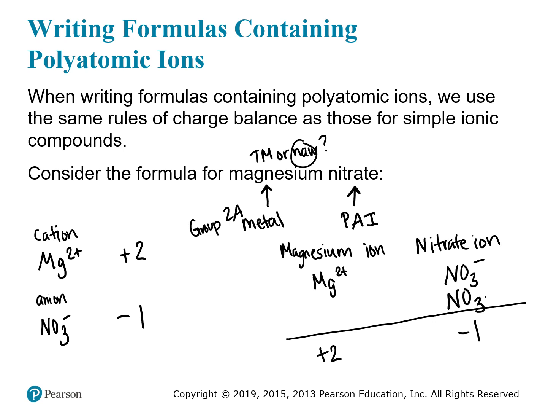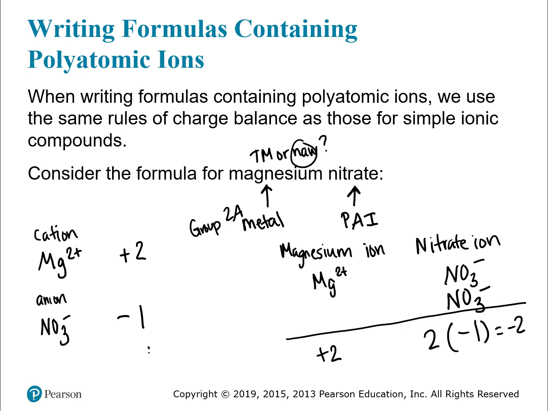If we add another NO3- here, now we've got +2 from the cation and -2 from the total charge of all the anions.